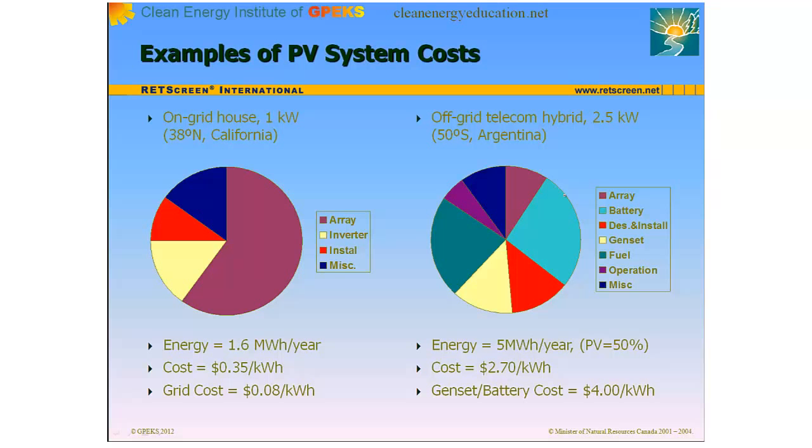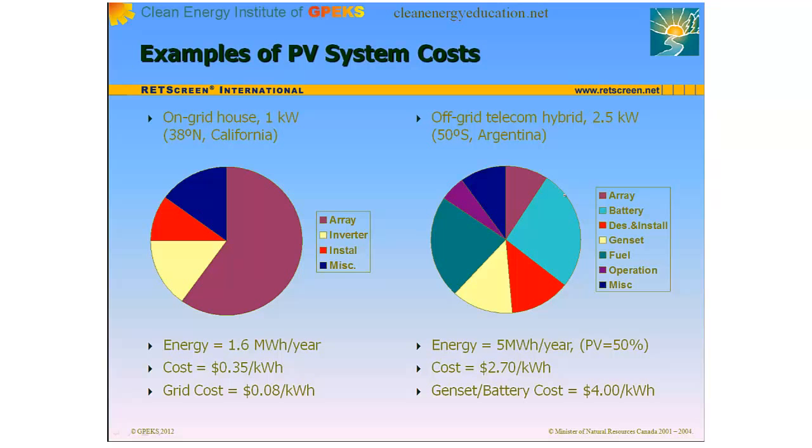Purchasing, maintaining, and overhauling the genset together make up the third most significant cost, mainly because the system is remote and maintenance visits require expensive travel by highly trained personnel. For similar reasons, design and installation of the system at this remote site is expensive. To summarize, battery and genset fuel and maintenance expenses dominate costs for the remote off-grid system, while the on-grid house is characterized by high initial costs and minimal long-run expenditures.